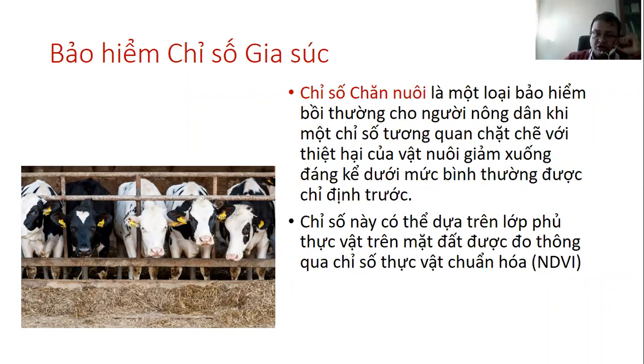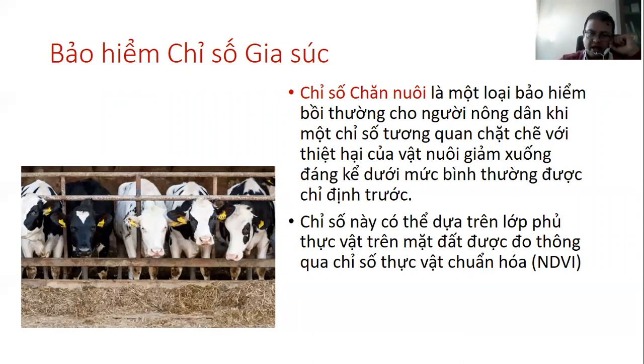It really depends on the climatology and the vegetation conditions, and also the livestock rearing practices. But essentially, livestock index is a type of insurance product where the farmers are compensated based on an index again, and the index should be strongly correlated, strongly linked to livestock losses.